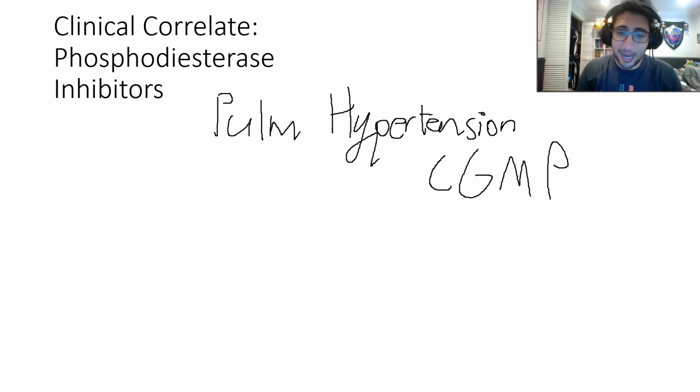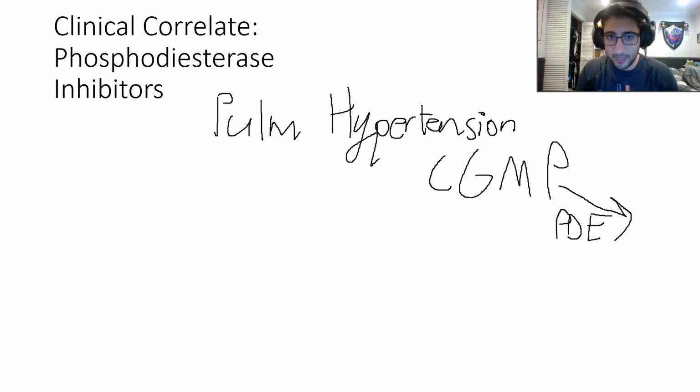However, cyclic GMP gets broken down by phosphodiesterase enzymes. So cyclic GMP is supposed to cause relaxation of the vasculature, and phosphodiesterases break it down.